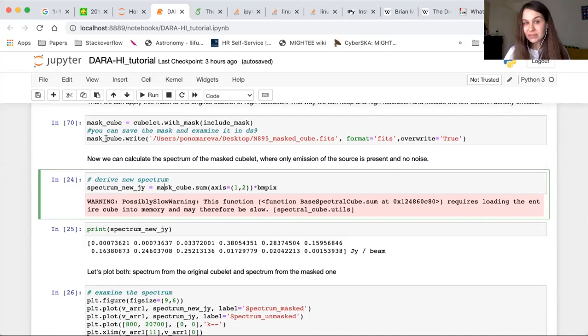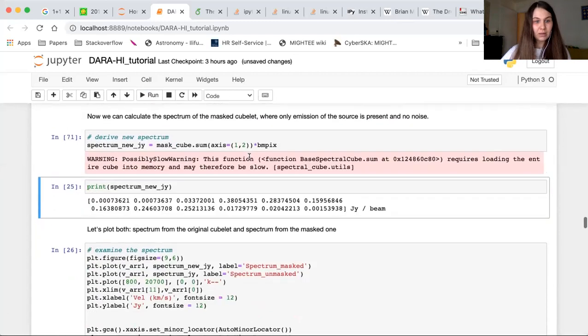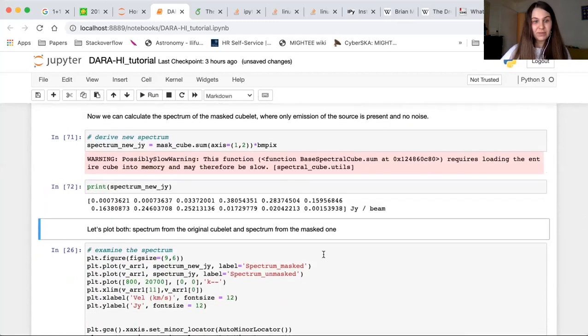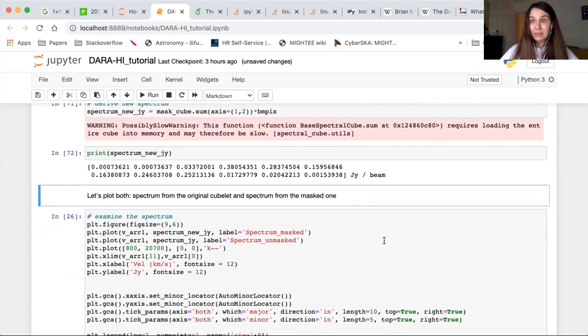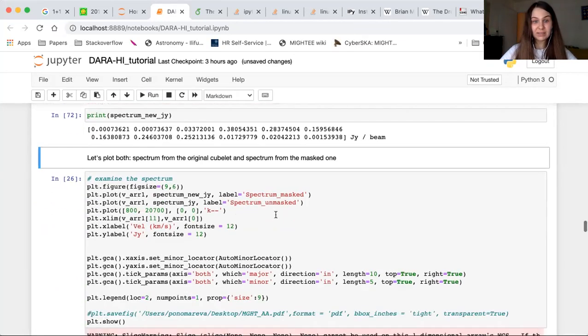Now we use this mask cube, which we created here, create the spectrum exactly like in the previous step, and multiply it by our conversion factor from Jansky per beam to Jansky. We can also look at its values. And now we can examine both spectra: the one which we derived from the original cube, including all the noise, and the spectrum which we have now only from the emission of the galaxy.